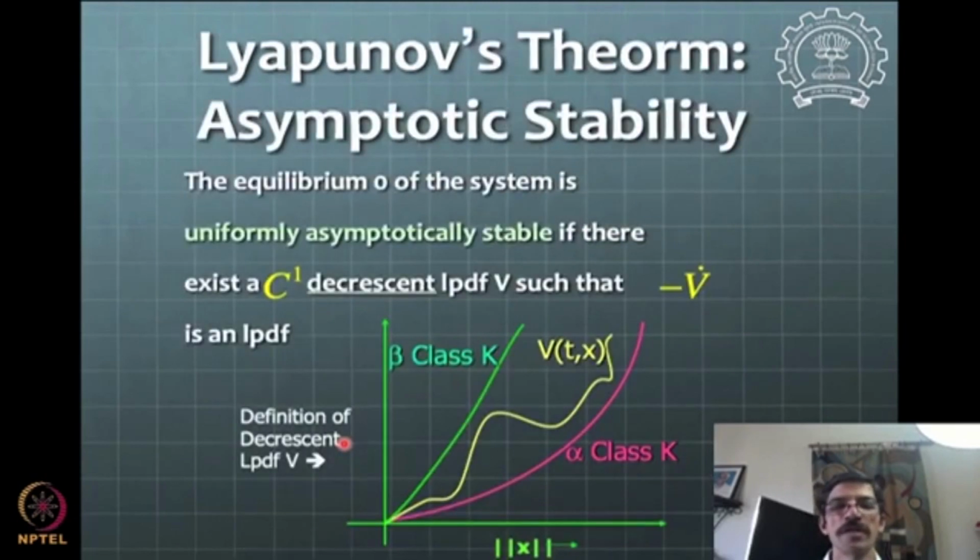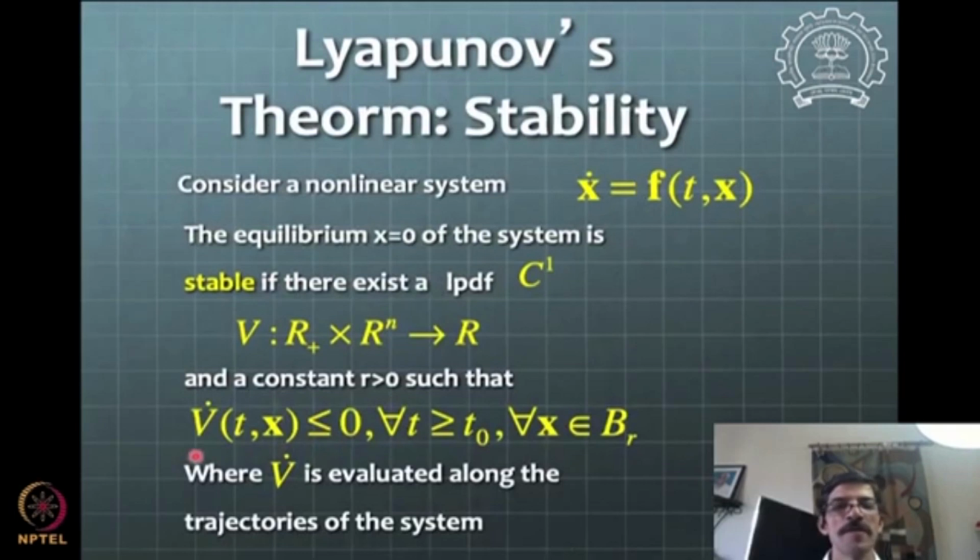What we are interested in is to see whether the system is stable or asymptotically stable. The asymptotic stability is a stronger condition to have, because in asymptotic stability we actually look at the system trajectory going to 0.